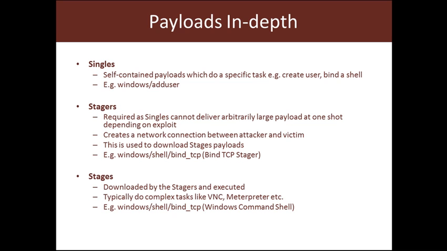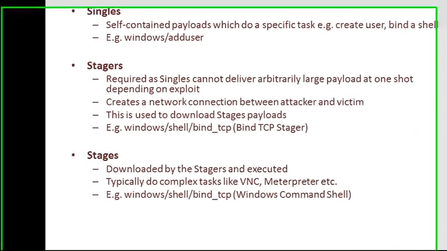This network connection is then used to download the stages payloads, which are other payloads such as VNC, Meterpreter, etc. The beauty is that the payload itself can still fit the size which the exploit allows. After the stager runs, it creates a network connection over which we can import more powerful payloads and programs to run on the remote system.